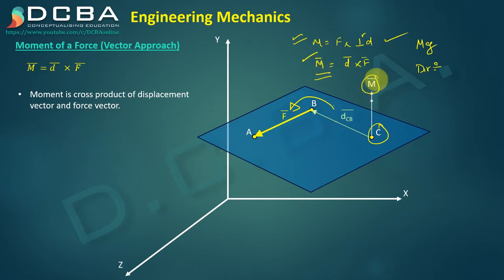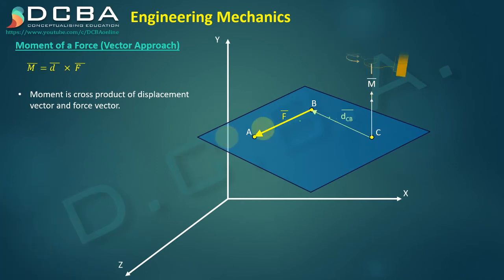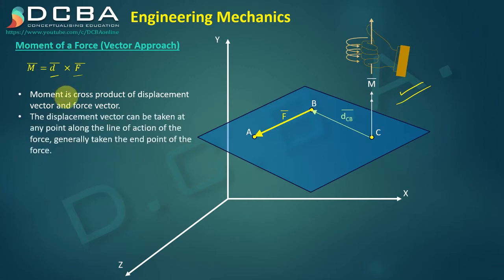So here the resultant vector is your moment, and this is the direction of the rotation for your moment, which is given by right hand thumb rule, like this, correct? This takes care of the direction, but what about the magnitude? The magnitude of two vectors which are having cross product is given by FD sine theta.